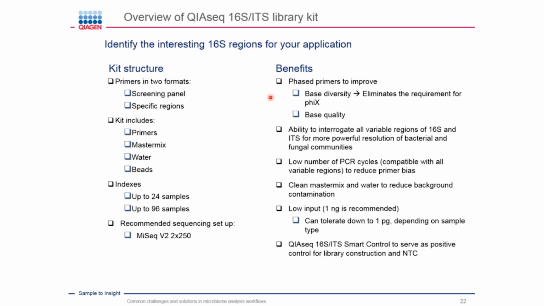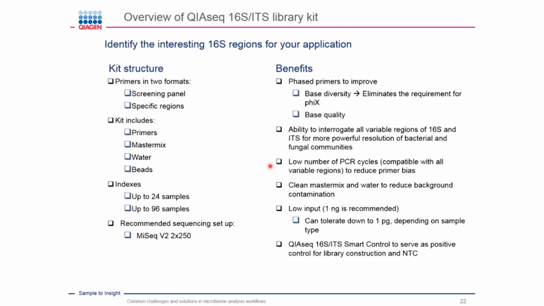This has the benefit that it's massively increasing the heterogeneity in your libraries and improves your cluster calling on the MiSeq. The beauty about this, you can eliminate PhiX. So this decreases the sequencing cost a lot. And the base quality is really improved by this. So, as said before, the number of PCR cycles is important for your bias and also for amplification of background.